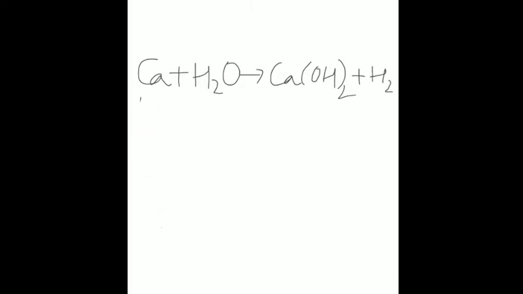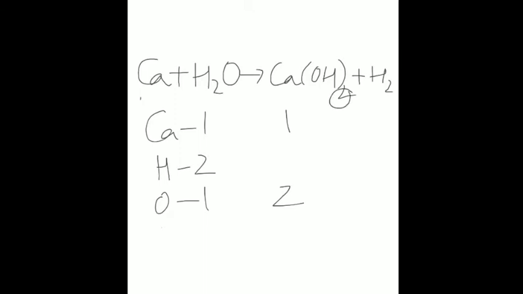Now you can see over here that the number of calcium atoms is 1, hydrogen is 2, oxygen is 1, and on the product side calcium is 1, oxygen is 2, and hydrogen is 2.